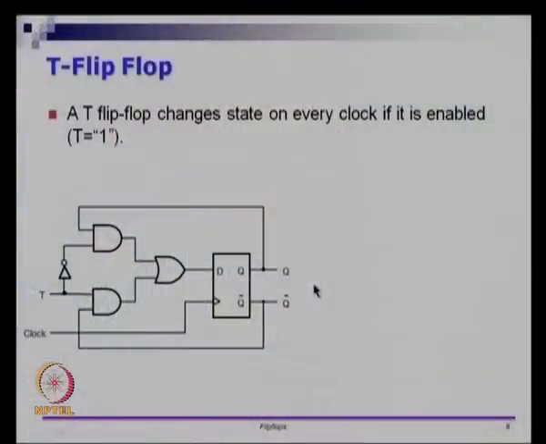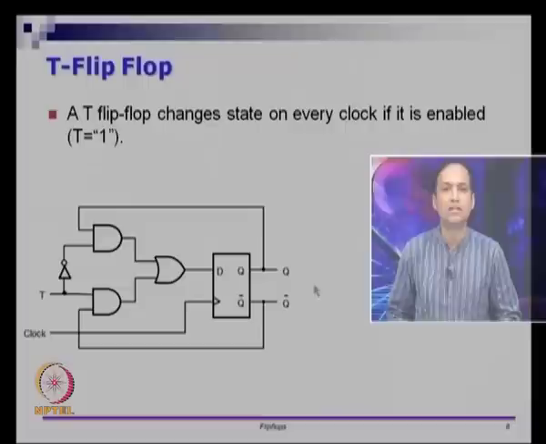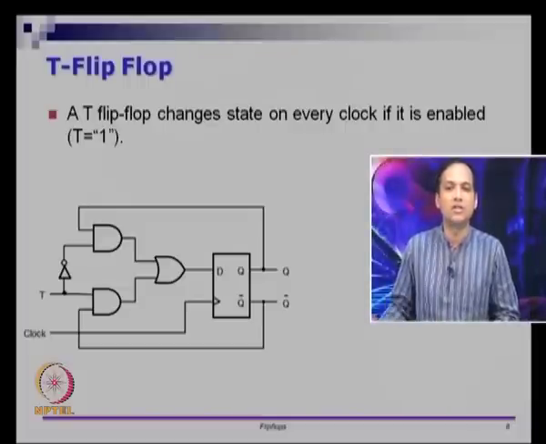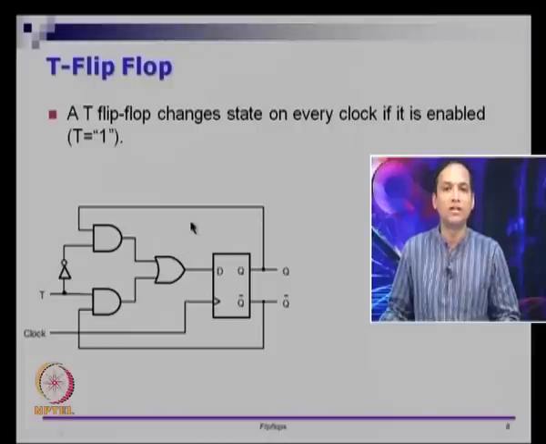Then let us look at a circuit called a T flip flop. A T flip flop is an interesting circuit. It is actually a minor variation of the D flip flop. Let us look at the circuit. You have a D flip flop and there is some circuitry here. This circuitry is doing the function of a mux, or multiplexer.